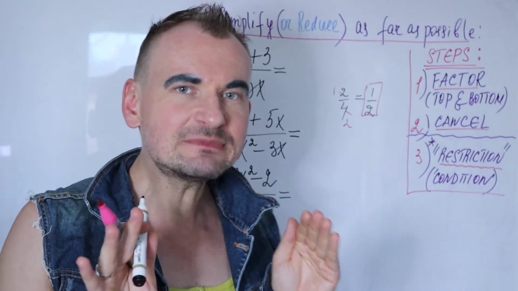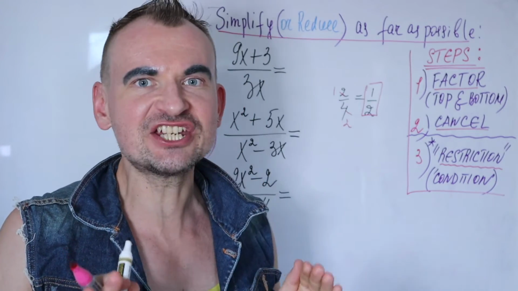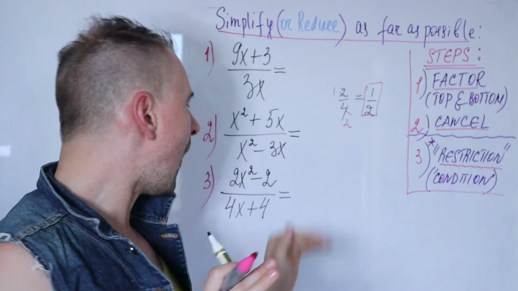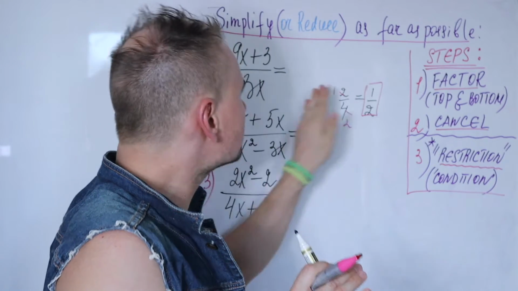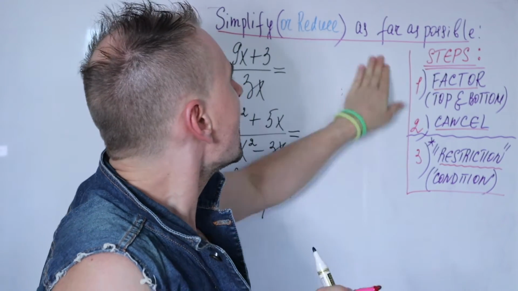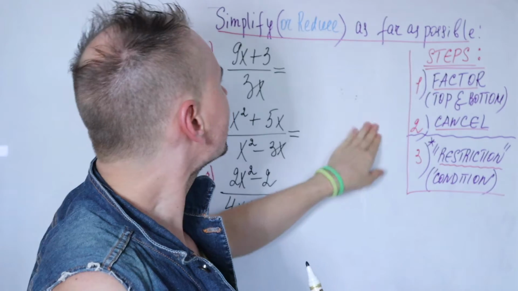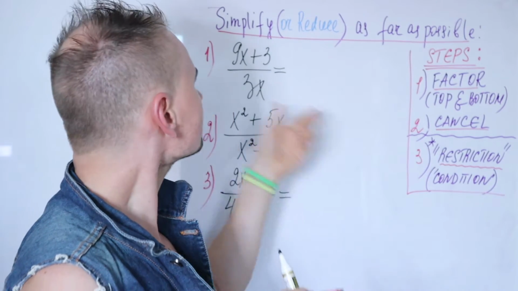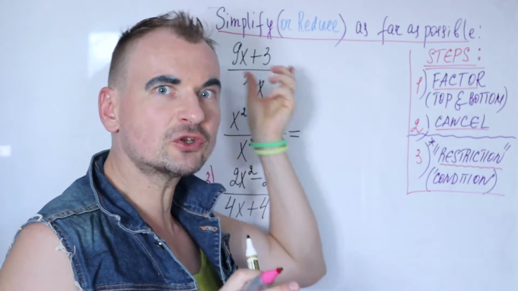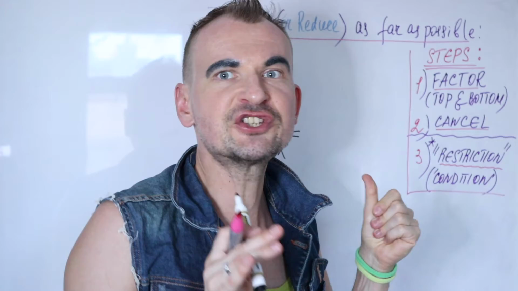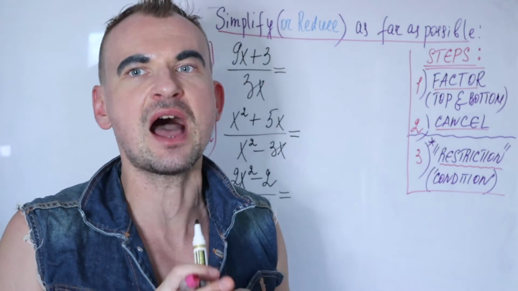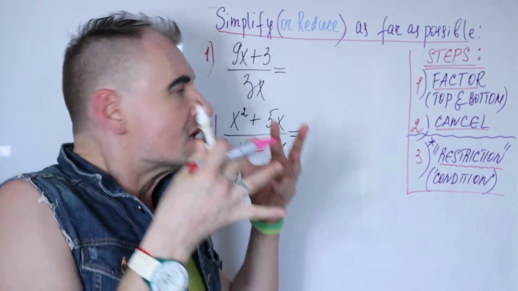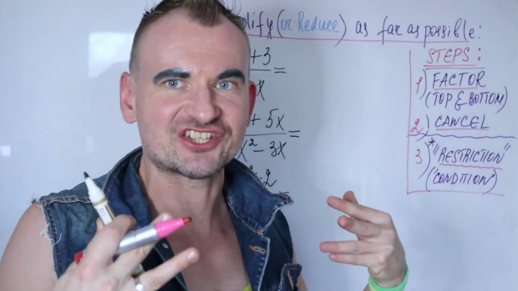Now, the same technique and the same idea applies for algebraic fractions. So when you are given something like this, when you have your top and you have your bottom, which are not numbers, they are actually expressions in x.